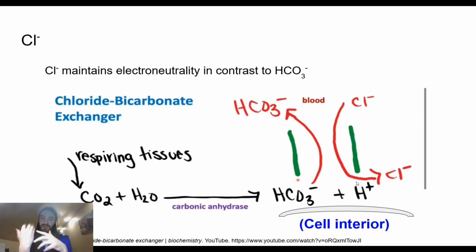Then that bicarbonate will be excreted into the blood, bicarbonate being an important buffering system in the blood. I'll get to that when I talk about bicarbonate in a sec. As those cells are excreting bicarbonate, they're bringing chloride inside the cells to help maintain that electroneutrality inside the cell.